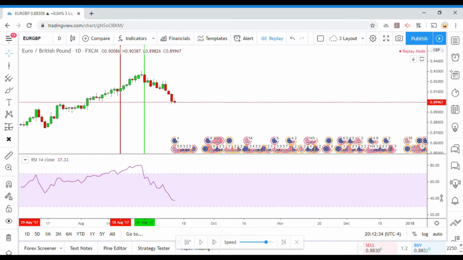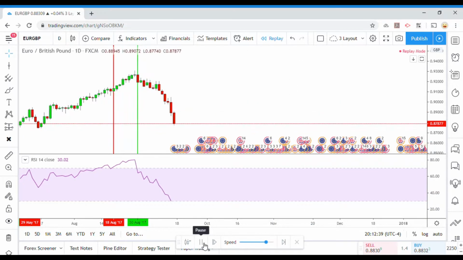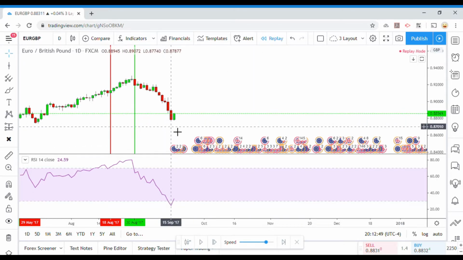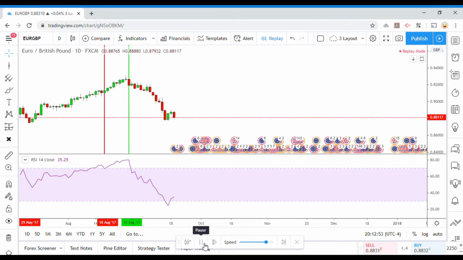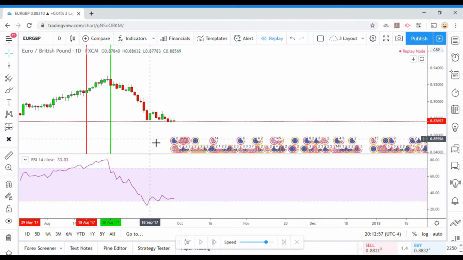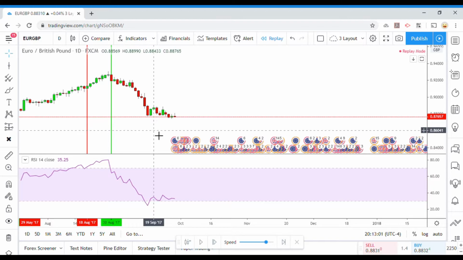These are not stocks that are based off of a company's earnings, a company's ability to turn a profit. These are currency pairs.